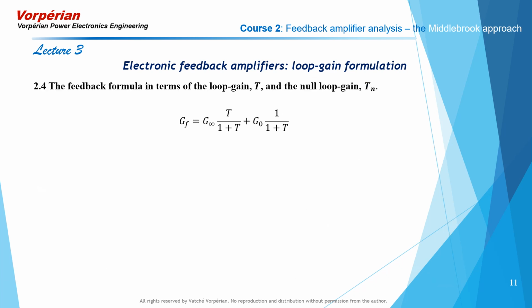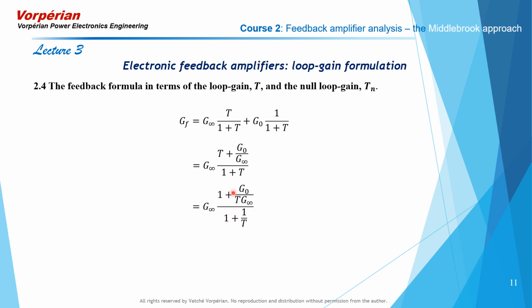We are now going to get a second formulation for Middlebrook's feedback formula by introducing the null loop gain Tn. We'll do so by first factoring out G infinity and obtain this form here, and then we divide up and down by T, and we obtain this form here.